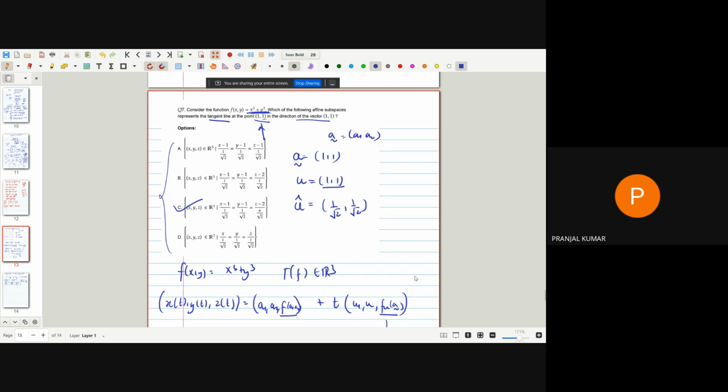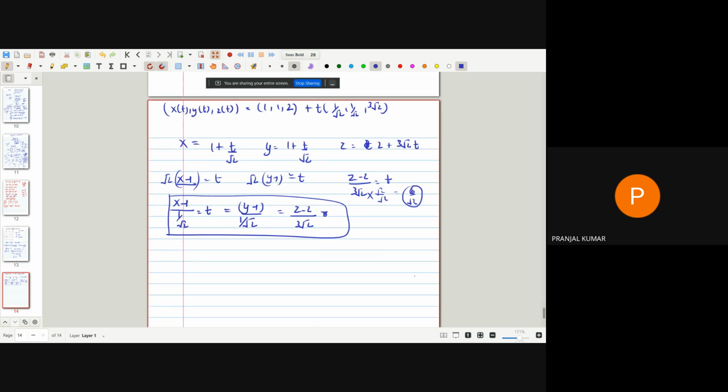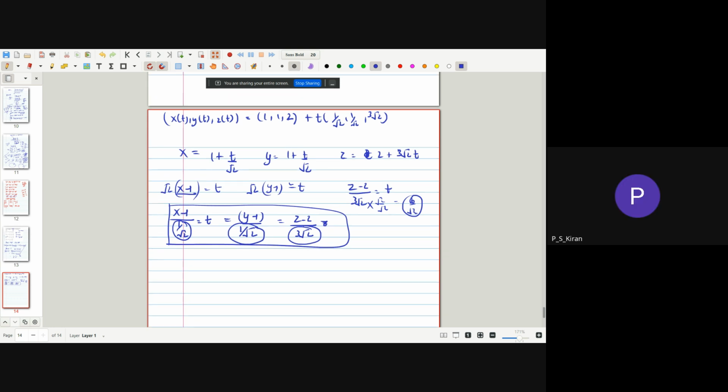I think when we represent a line in parametric form or symmetric form, these represent something, but I don't remember, because I studied it quite a long time back.